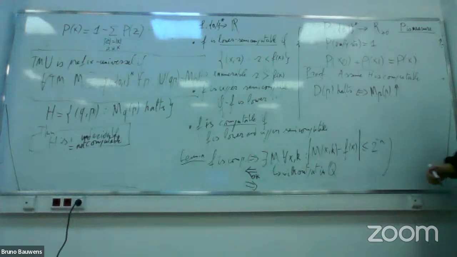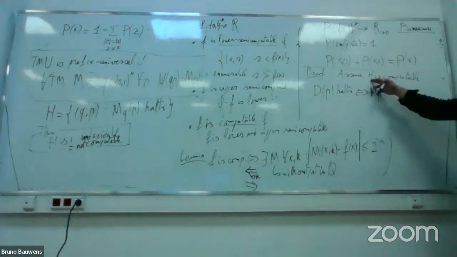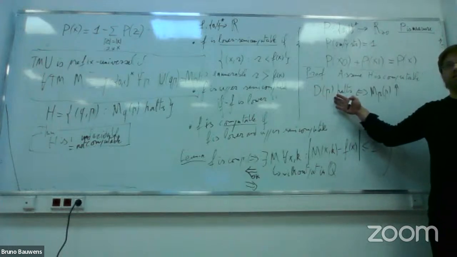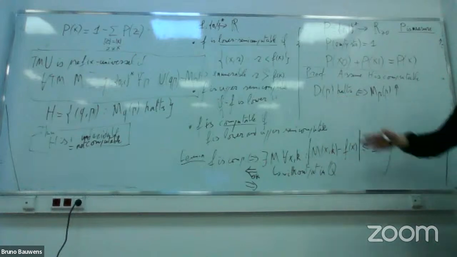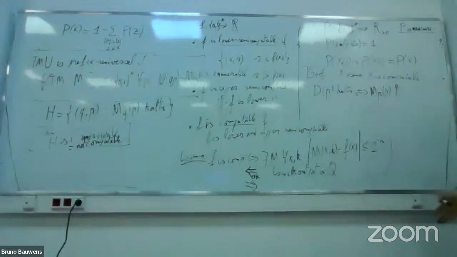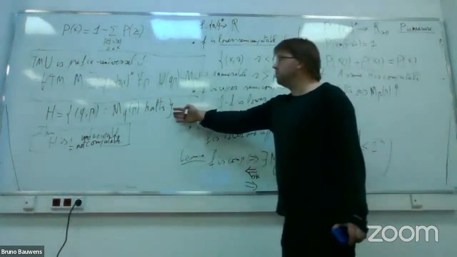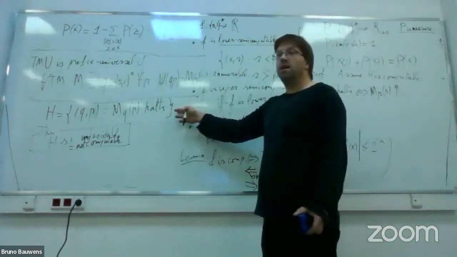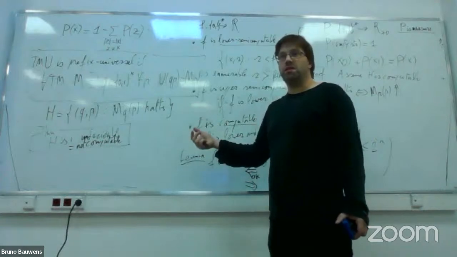Okay, so I claim that if H is computable, then we can actually build this machine. It's easy because we just have to look at the definition of H and set Q equal to P. So if this is decidable, we run our decider, we know what is happening, and then the machine does the opposite.